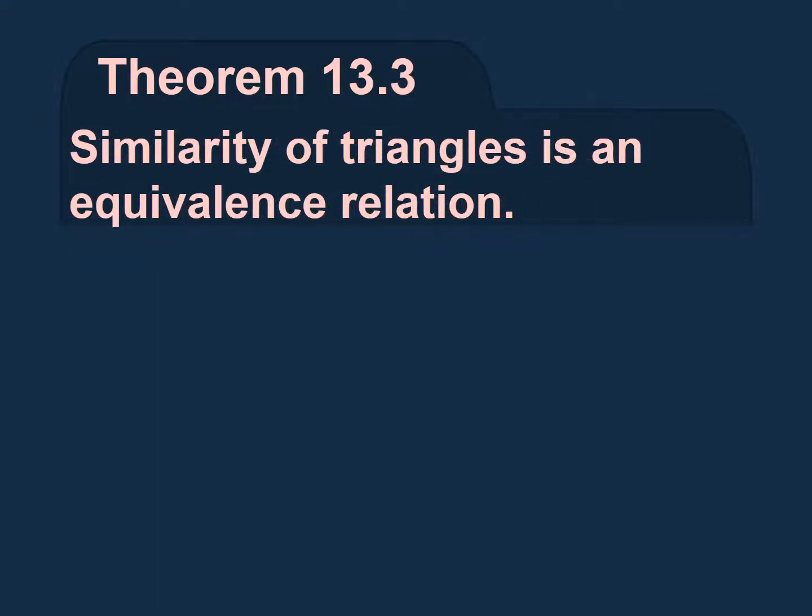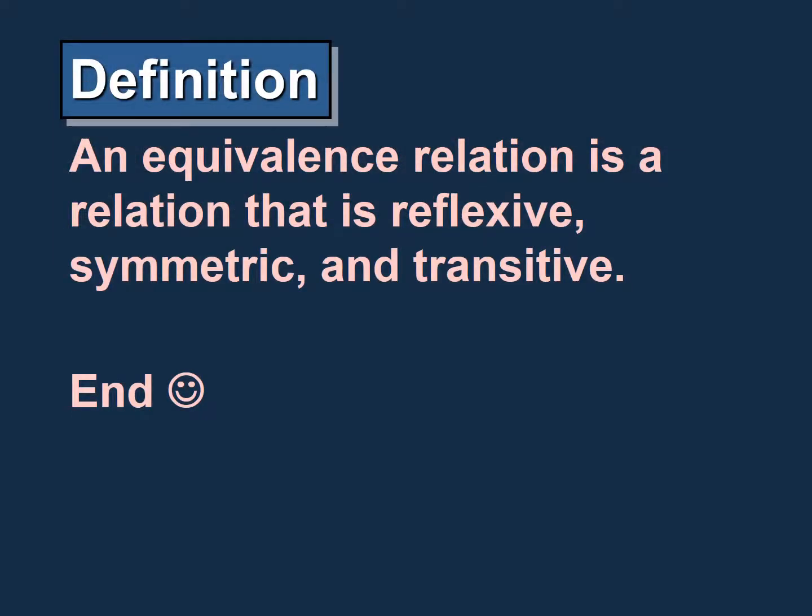So it is important to know that similarity is an equivalence relation. And if you're like, oh, what does that mean again? What's equivalence? That's reflexive, symmetric, and transitive. So that is saying that triangle A is similar to triangle A. That's what reflexive means.